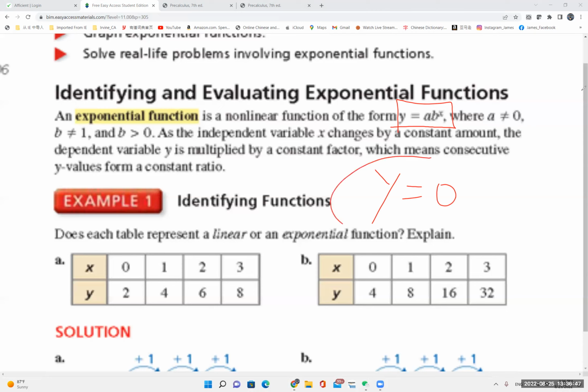So if y equal to 0, what's the graph for this? y equal to 0. Can you draw y equal to 0? Let's try.